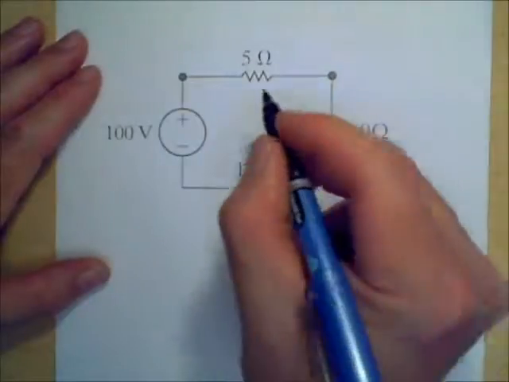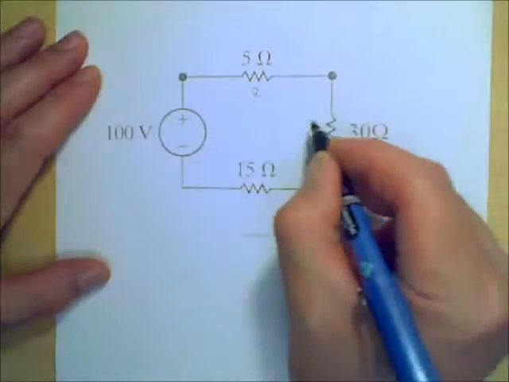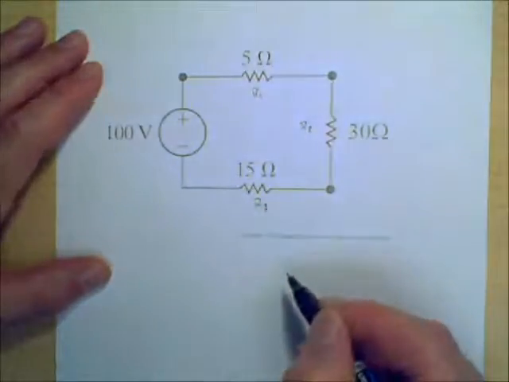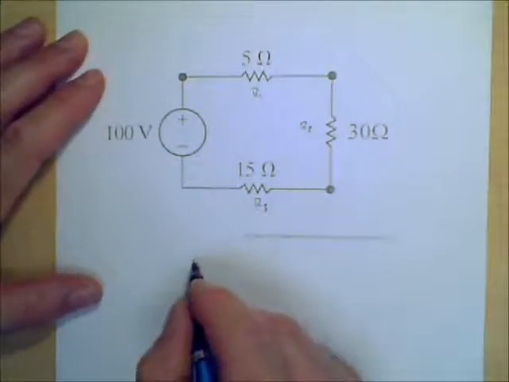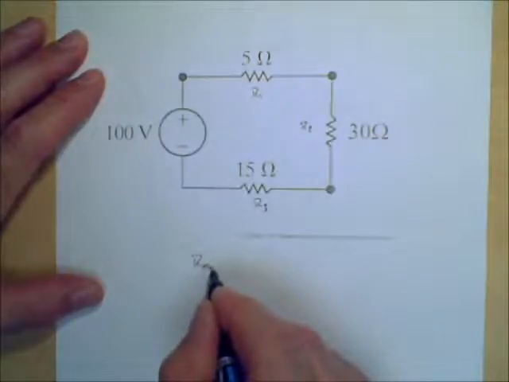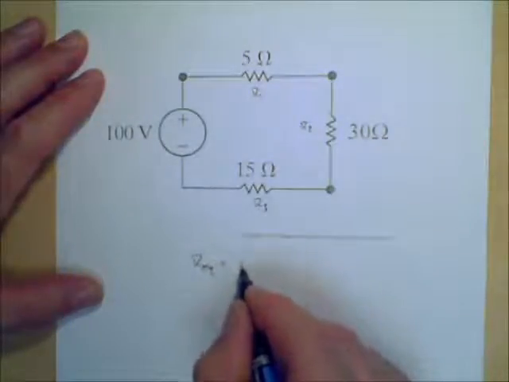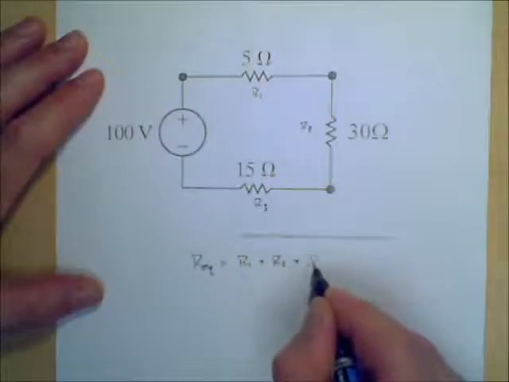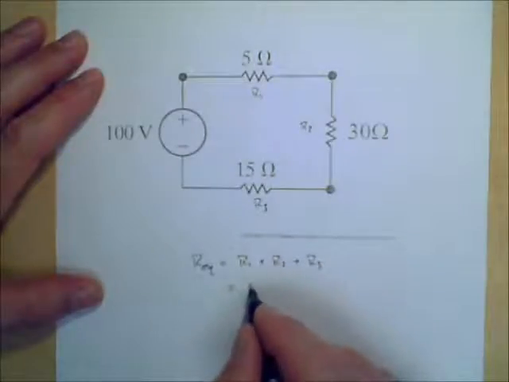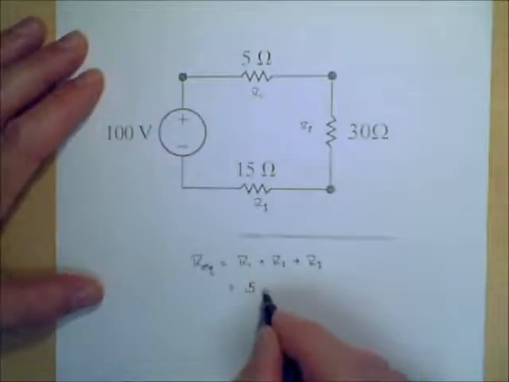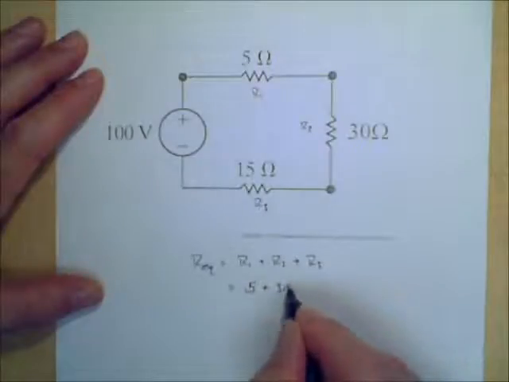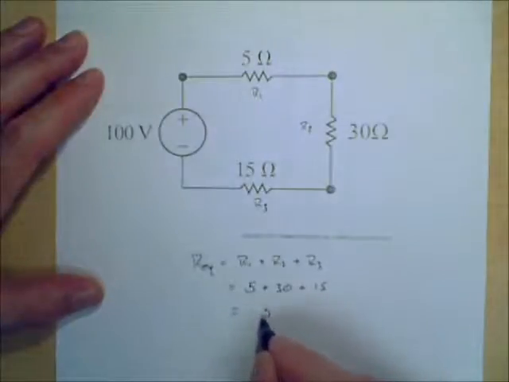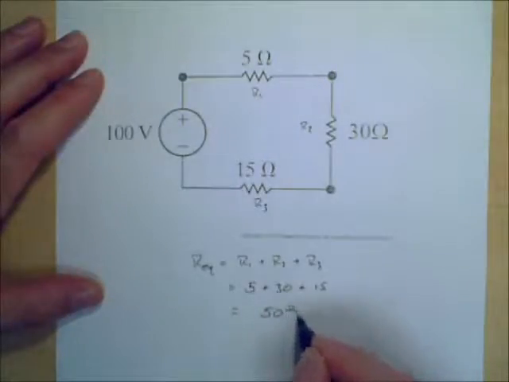Finally, we see that R1, R2, and R3 are all in series. And again, we find that the equivalent resistance of those three resistors is R1 plus R2 plus R3, which is equal to 5 ohms plus 30 ohms plus 15 ohms, which is a total of 50 ohms.